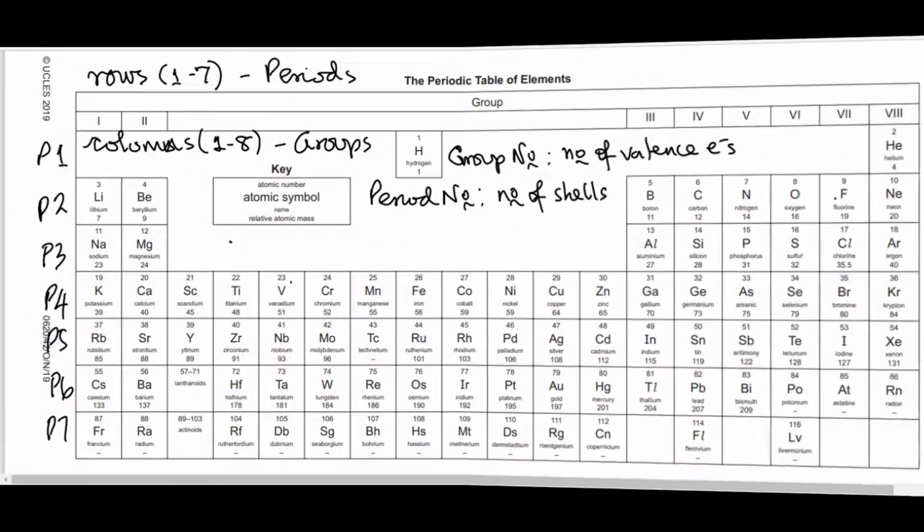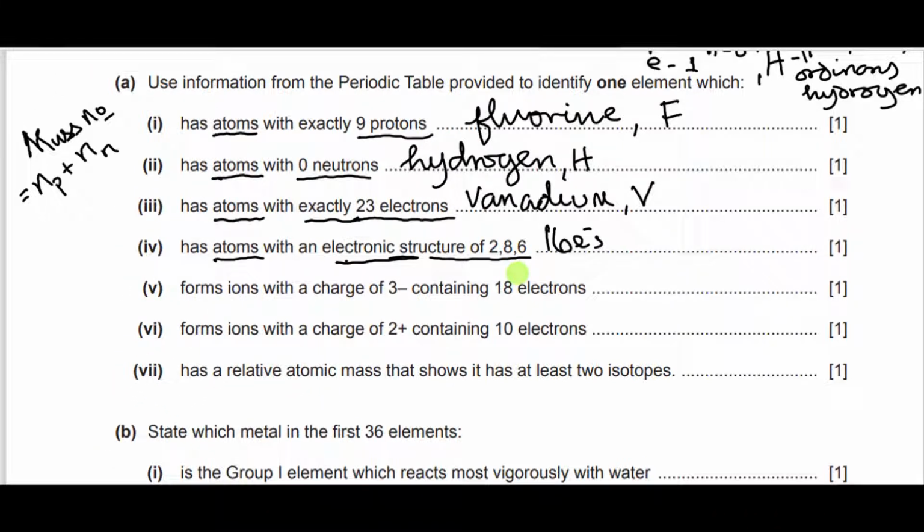So which element has atomic number 16? Also from the electronic configuration 2.8.6, we can see that the element has 3 shells. That's the period. It will be in period 3. 1, 2, 3, 3 shells, and the valence electron is 6. So period 3, group 6.